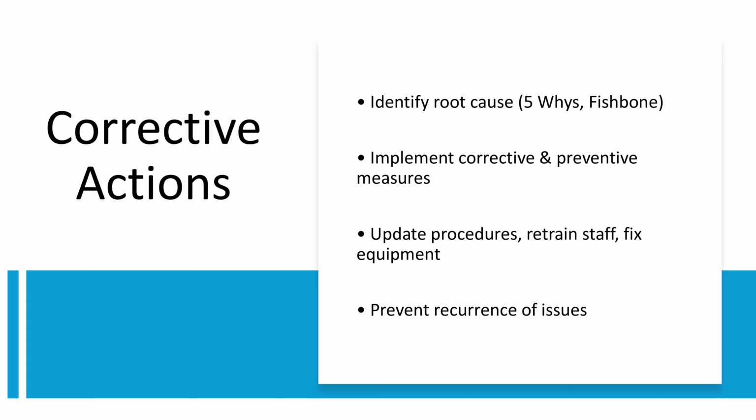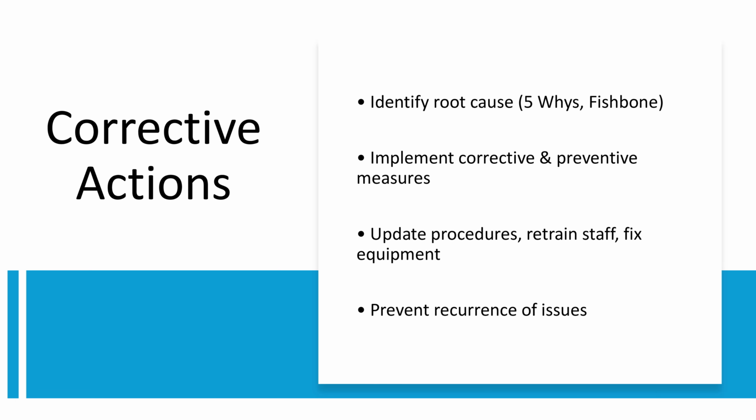Taking corrective action starts with identifying why a problem occurred and not just what had happened. If we only treat the symptom, the problem will return. Root cause analysis tools like the 5 whys or fishbone diagram help trace the issue back to its origin, whether it's manpower, materials, methods, machinery, or the environment.